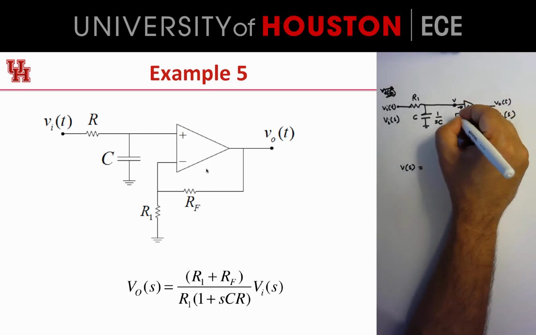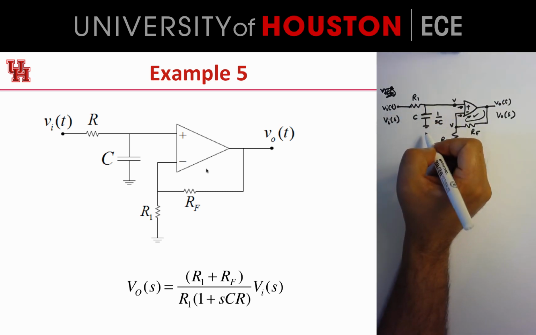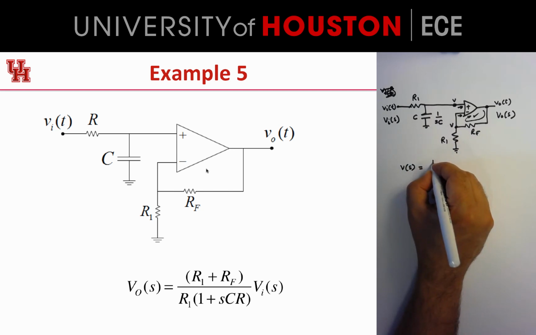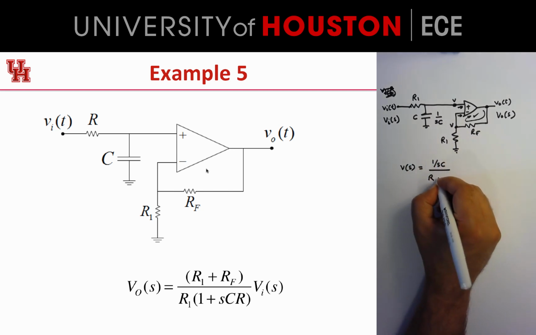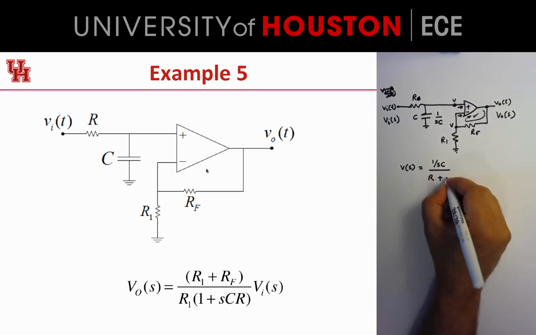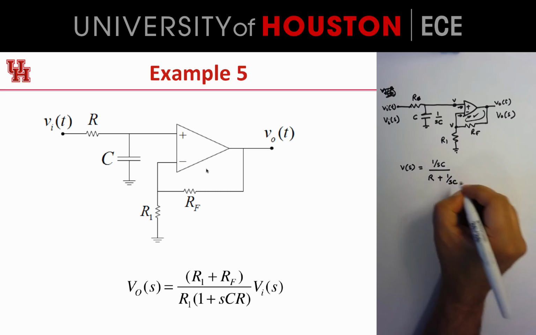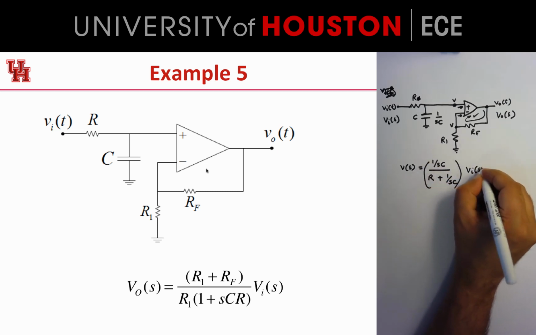That current is 0, and that current is 0. So this is just a voltage divider. So V of S is 1 over SC divided by R, sorry, this is just R, not R1, plus 1 over SC, times Vi of S.